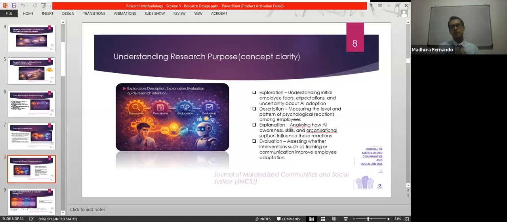Using the same model, you can compare. So that is evaluation. Within a given period of time, you can just measure what happens to the expectation, right? That is evaluation. Okay. Now I hope you can understand this.